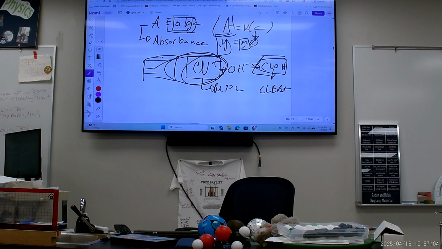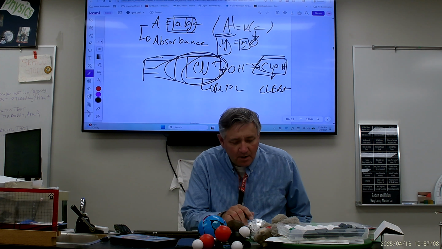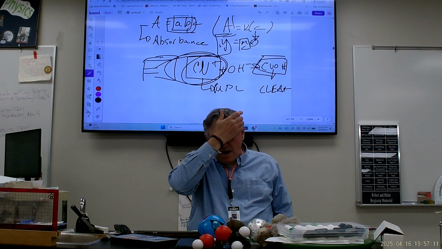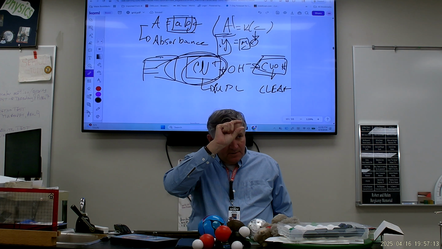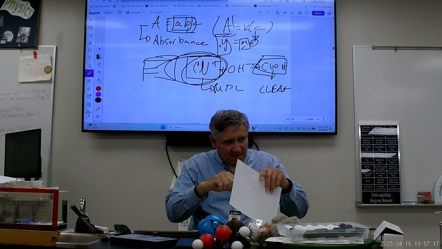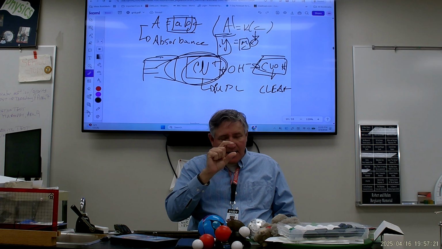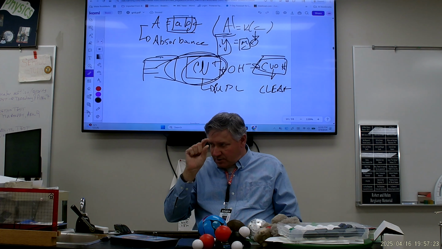Thank you. Okay. So here's what you're going to do. You're going to mix up the CV+ and the sodium hydroxide as quickly as possible. As soon as you put those together, you're going to take some of that and pour it into a cuvette.